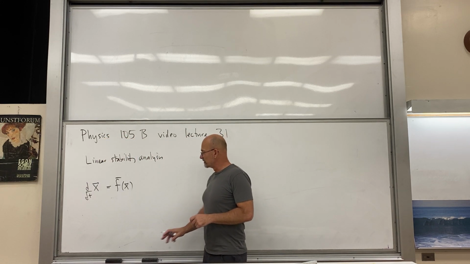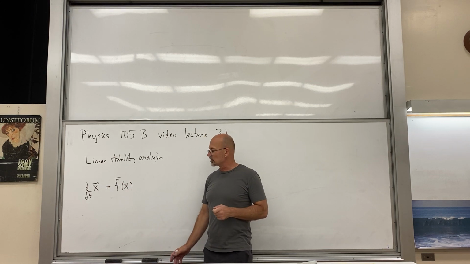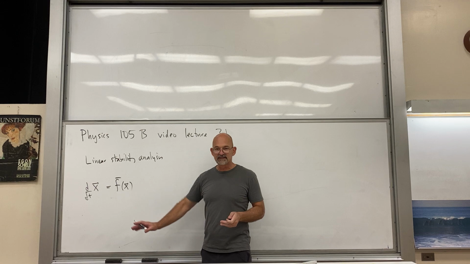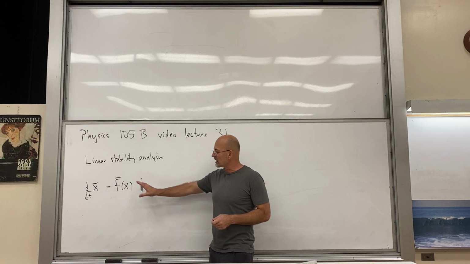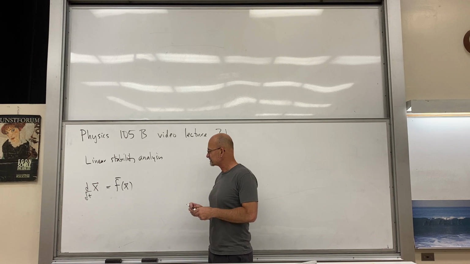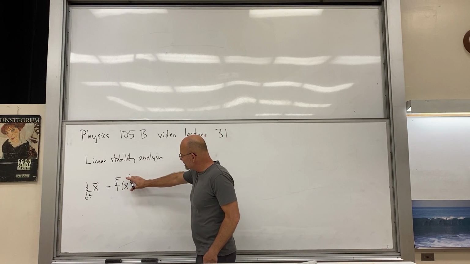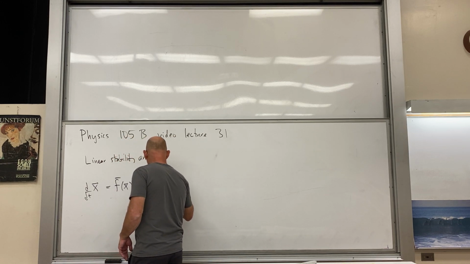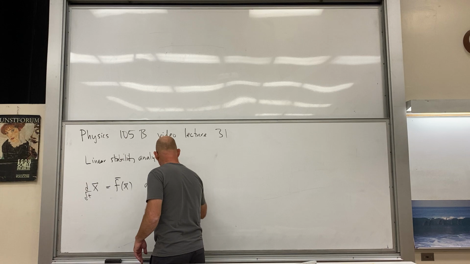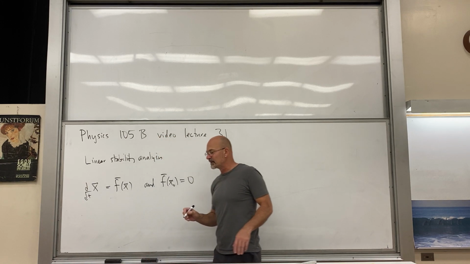And this becomes really interesting when it's a nonlinear differential equation for which there doesn't exist some recipe for getting the answer. Okay, nonlinear problems are very difficult. So what we have in addition to this is a point x sub 0 such that f of x sub 0 vanishes.